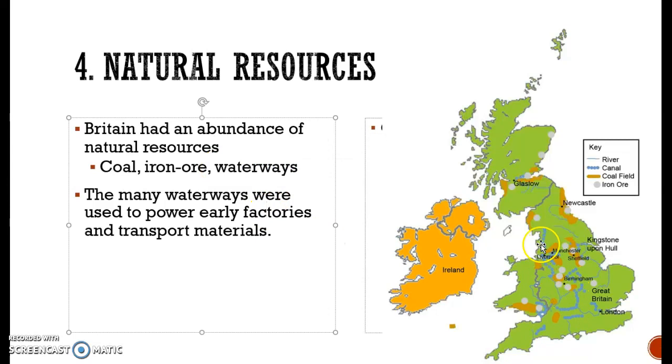These plethora of waterways, rivers and canals, cut through Britain, not only for transportation, but for power as well. And so the abundance of natural resources in Great Britain at the time, between the coal, the iron, the waterways, I mean, you could continue on, but they had so many natural resources that also is going to play a large contributing factor.